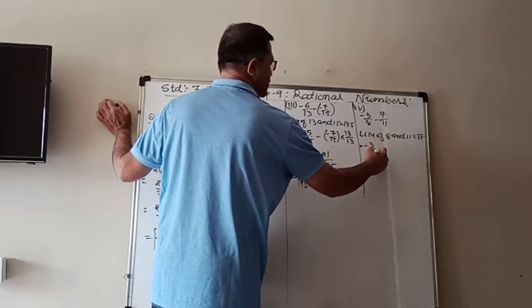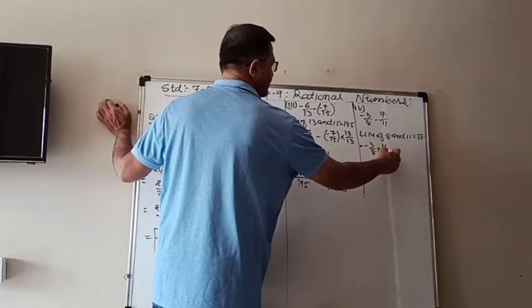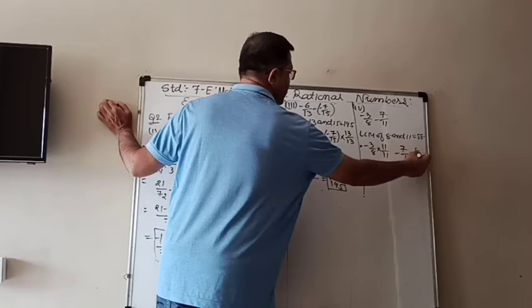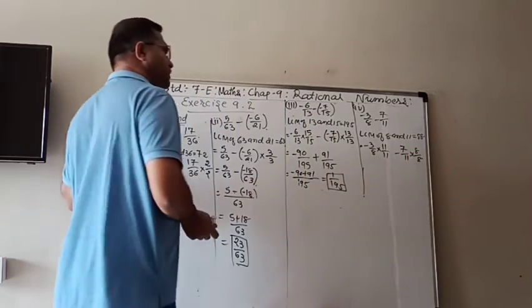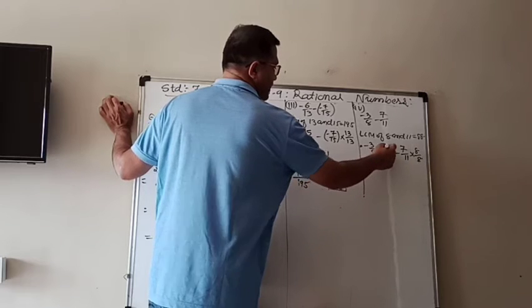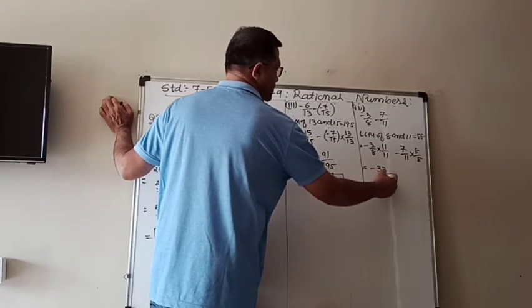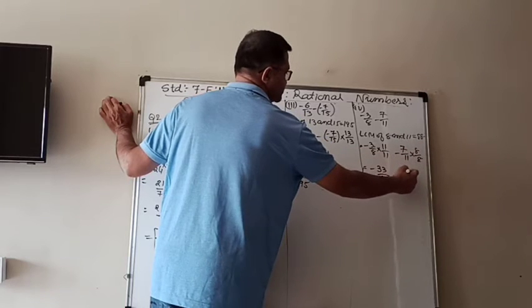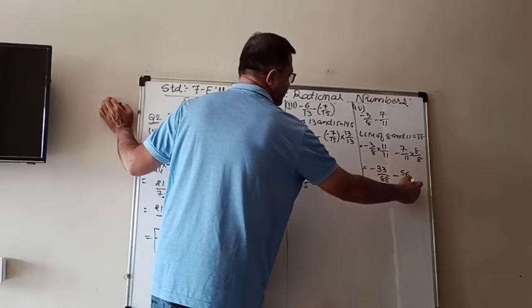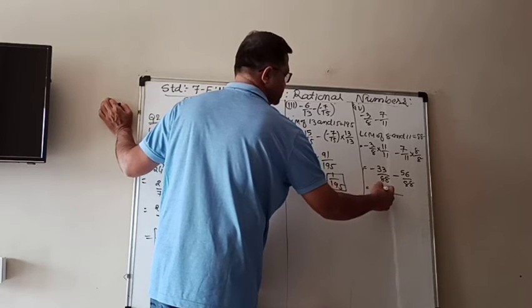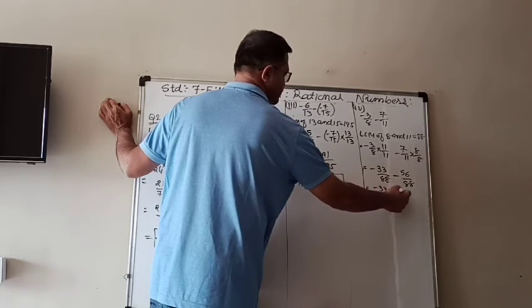So minus 3 upon 8 into 11 upon 11 and 7 upon 11 multiplied by 8 upon 8, so that both will have the common denominator. So minus 33 upon 88 minus 7 8s are 56 upon 88. So that is minus 33 minus 56.